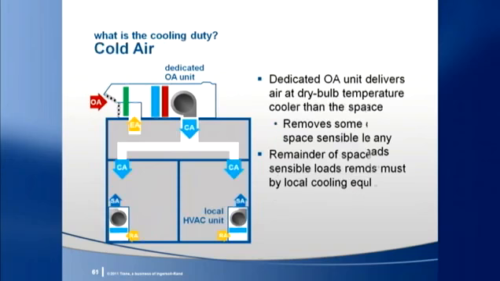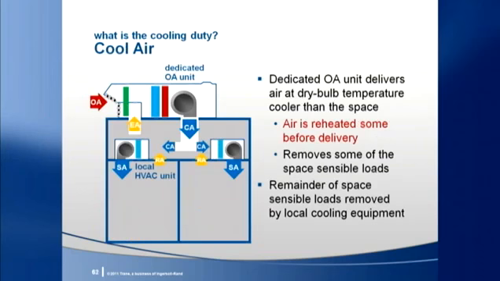As we mentioned earlier, an alternative would be to dehumidify the outdoor air to the required dew point, and then deliver it cold, without reheating it at all. In this case, the cold, dry ventilation air removes a significant portion of the space sensible cooling loads, allowing the local cooling equipment to be smaller and use less energy. This will allow the space equipment to be downsized as much as possible.